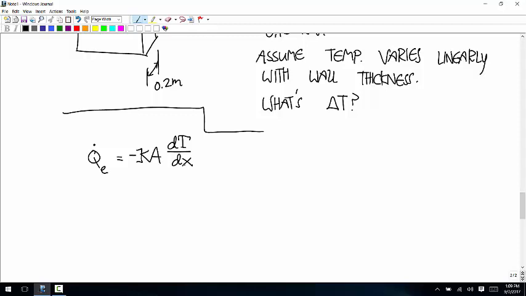Okay, so now we're going to use that linear relationship. So let's come up with temperature as a function of x, okay? And we'll say the temperature is equal to a plus bx.